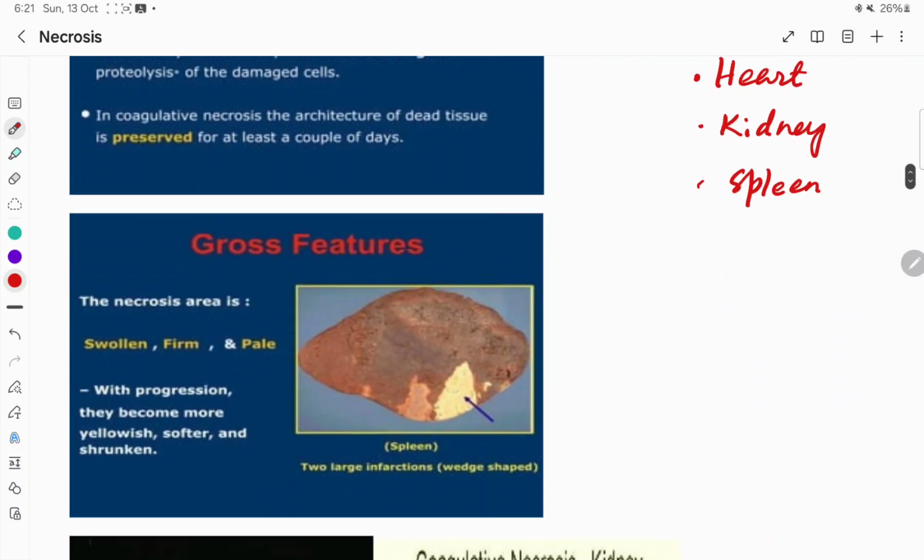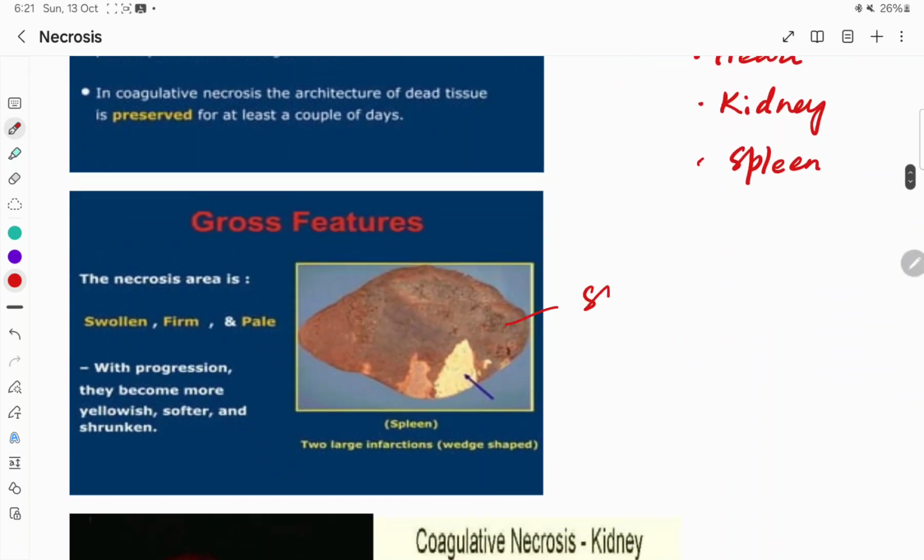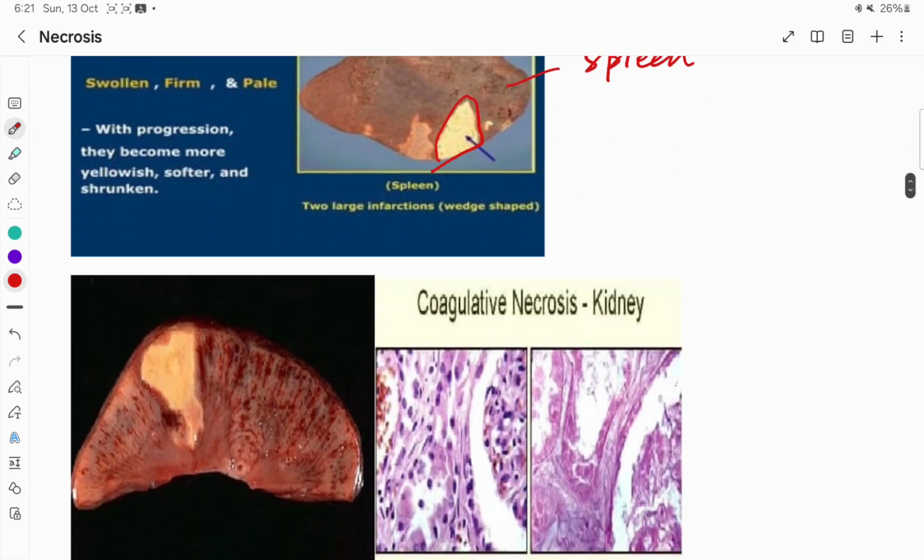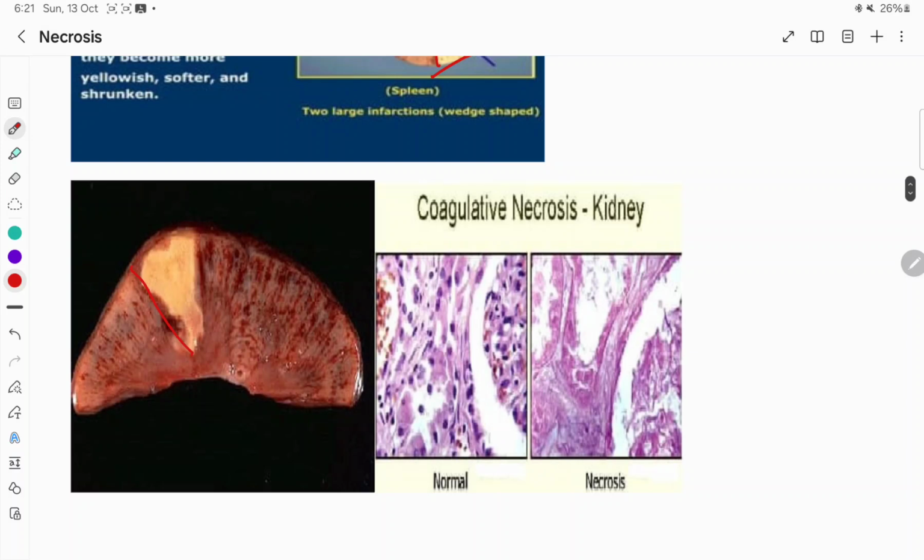And you can see here in the spleen, this is the structure of a spleen, where this area is necrosis, and this is called coagulative necrosis. And here this is the kidney, coagulative necrosis in the kidney. Histopathologically you can see like this. This is normal one and this is necrosis one.